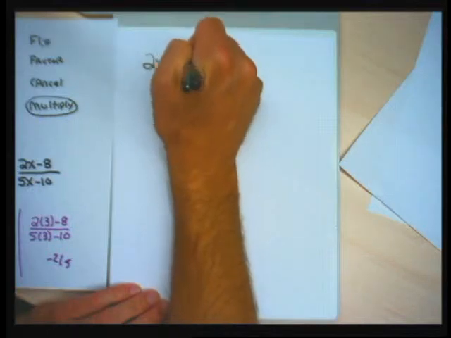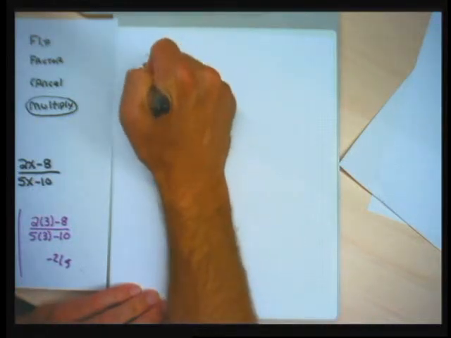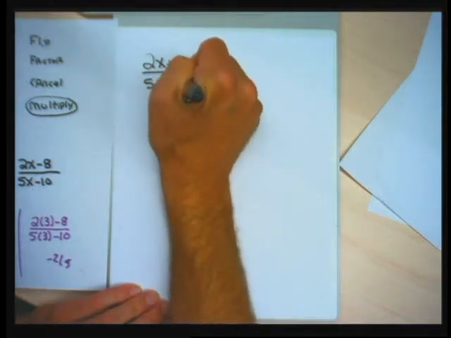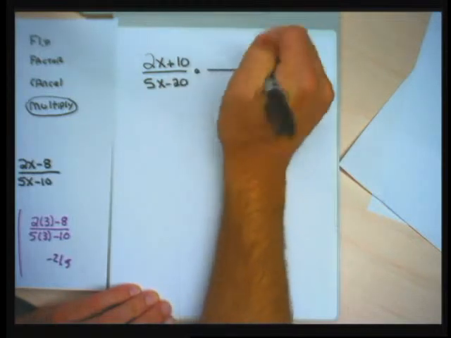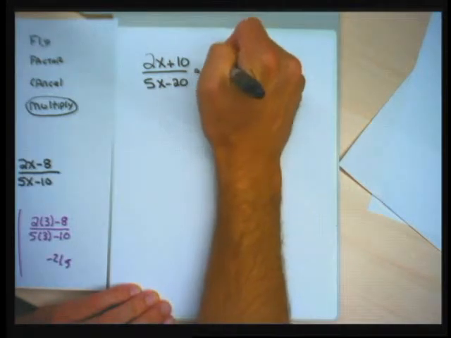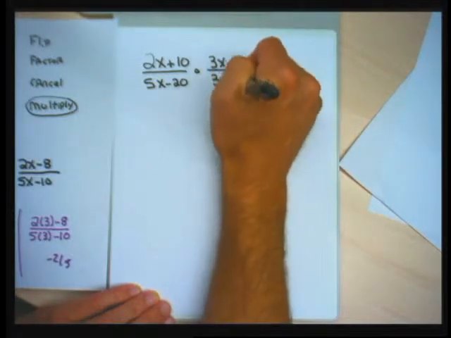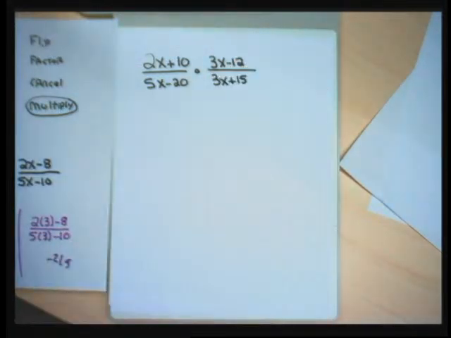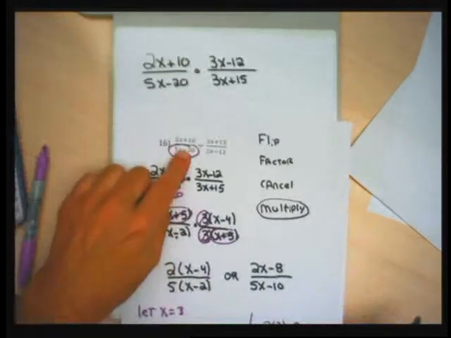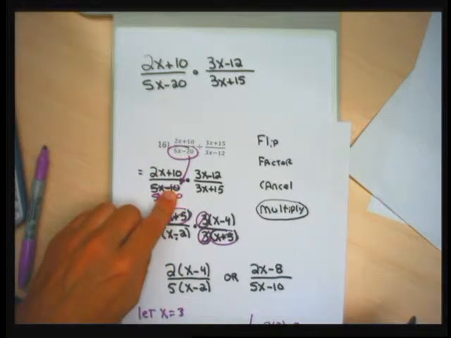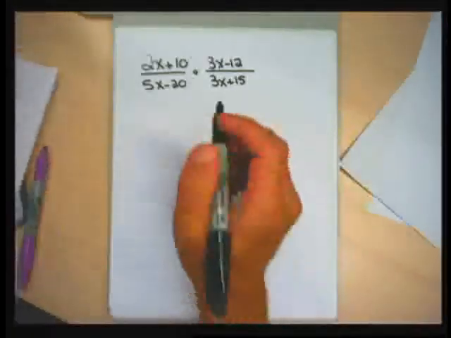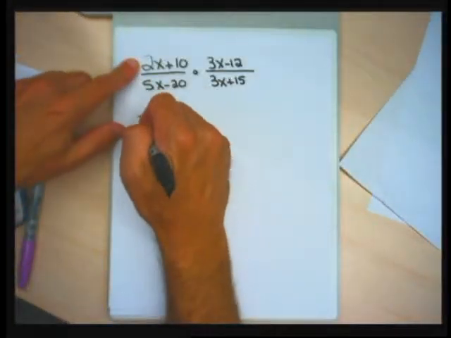So the original problem had a 5x minus 20, and I'm going to not write down the original problem. I'm going to write the flipped version of the original problem. So that's the original problem fixed with my 20 in the right place. Now I'm going to factor. That still factors by a common factor of a 2.